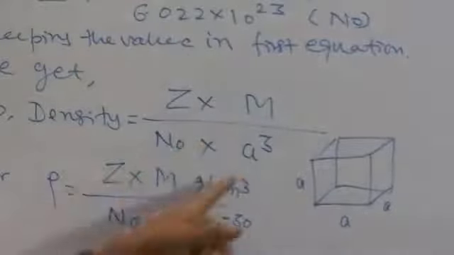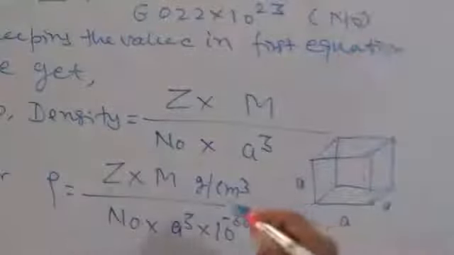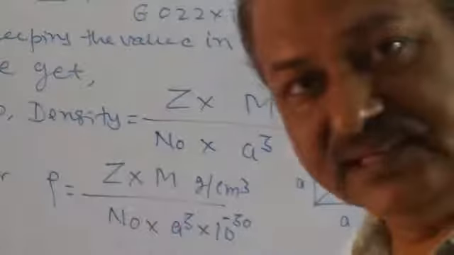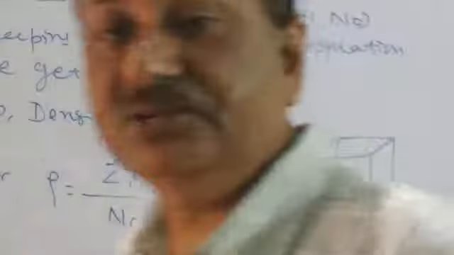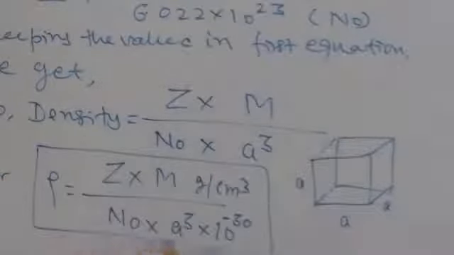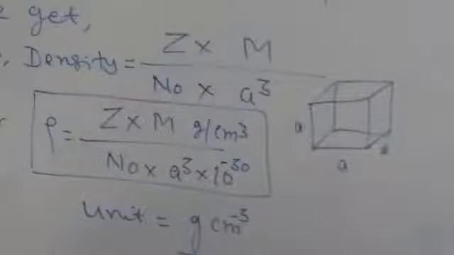Then we put the values, and the units have to be written. The density is measured in gram per centimeter cube, with a cube and a conversion factor. So the unit will be gram per centimeter cube, and this is how you find it.